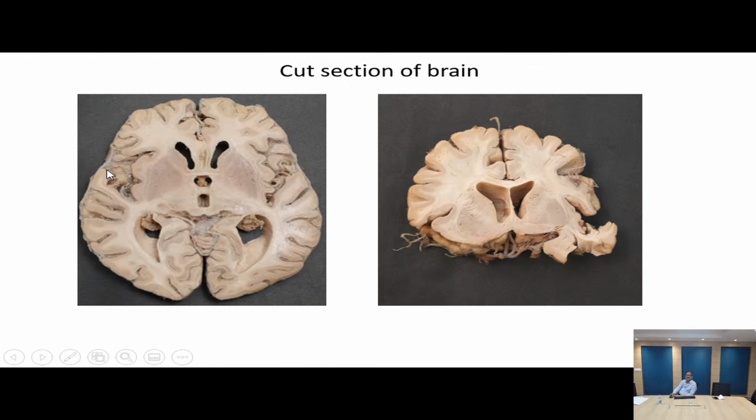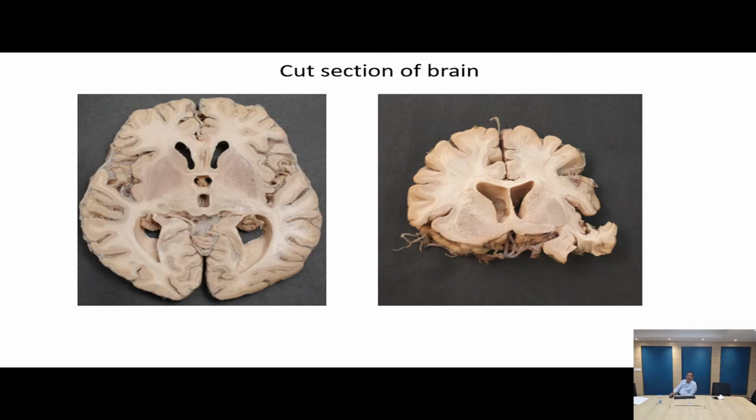So what we are seeing over here is that when we take a section of the cerebral hemisphere, we see on the surface a covering of gray matter, and there are neurons in this gray matter, and these neurons are arranged in specific layers. We can distinguish six such layers within the cerebral cortex: layer 1 superficially to layer 6 deep.